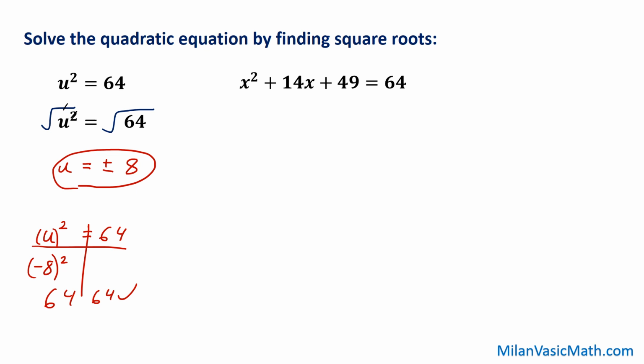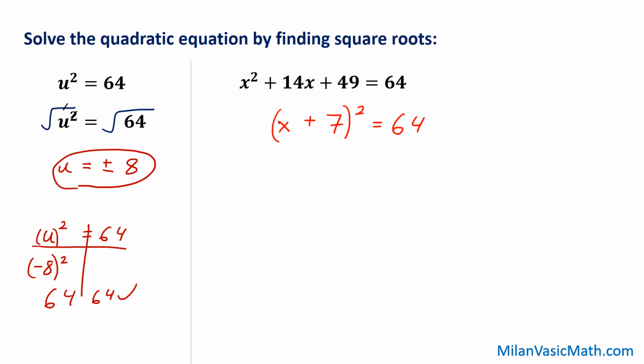Okay, let's look now at a more complicated version of this. So on the left side, I recognize that that is a perfect square trinomial. We factored it before, so let's use that previous knowledge to write it as (x plus 7) squared, and all that equals 64.